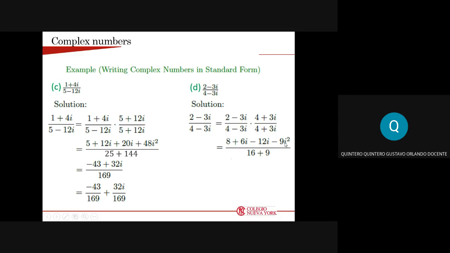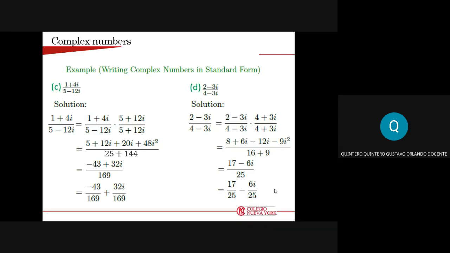We have negative 9 times minus 1, so this will be positive 9. So 8 plus 9, remember to do like terms, 8 plus 9 will be 17. And 6 minus 12, negative 6i. Split the denominator. Of course, the denominator was 16 plus 9, which is 25. Split the denominator, and we have our final solution, guys.